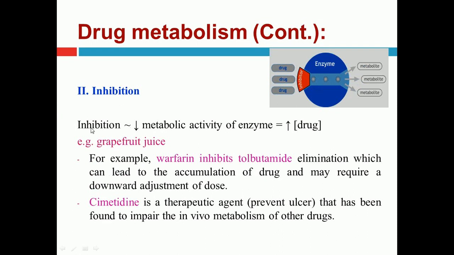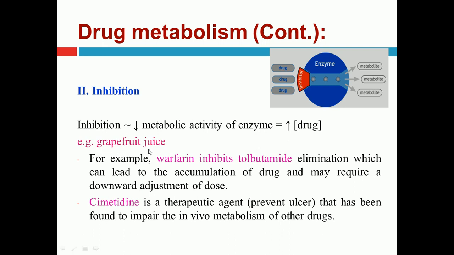On the other hand, what is enzyme inhibition in terms of cytochrome P450 specifically? Any chemical moiety, any drug, any substance that decreases the quantity of the enzyme is called an enzyme inhibitor, and the process is called enzyme inhibition. For example, grapefruit juice.